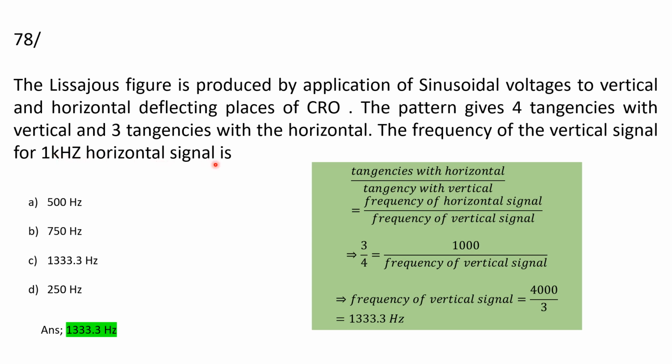And we know the formula for it, that is the tangencies with the horizontal by the tangencies with the vertical is equal to the frequency of the vertical signal by the frequency of the horizontal signal. So by putting the values here, we can find the frequency of the vertical signal as 1333.3 Hz. So option C is the correct answer here.